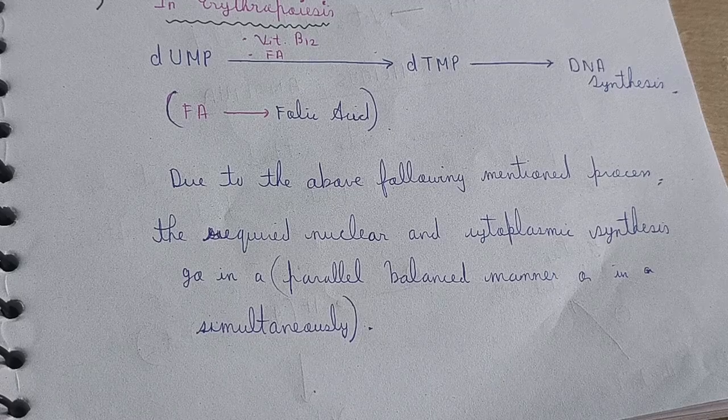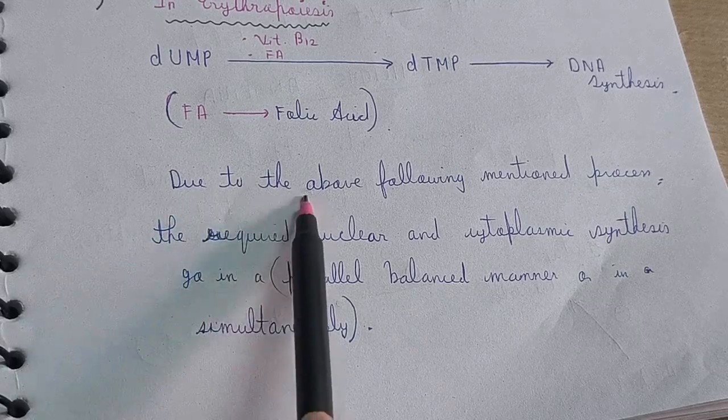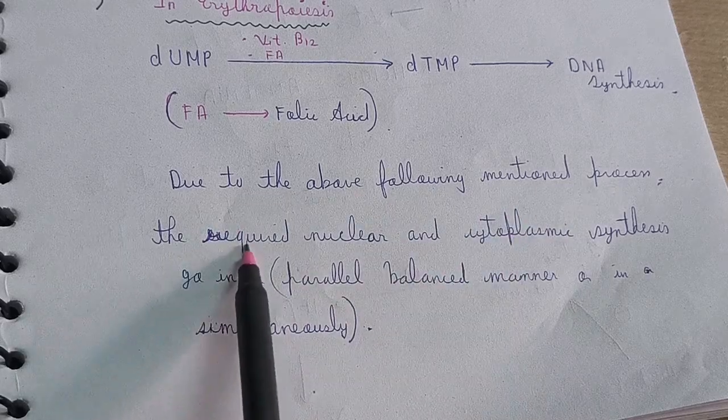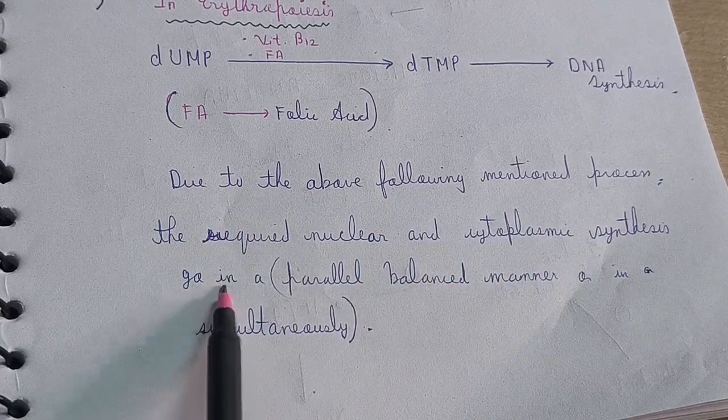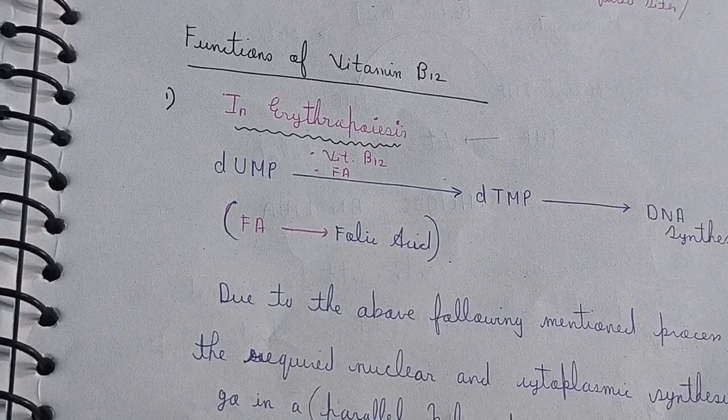That means the synthesis of the nucleus as well as that of the cytoplasm takes place simultaneously in a balanced manner. Therefore, due to the above mentioned process, the required nuclear and cytoplasmic synthesis go in parallel, in a balanced manner. So this is the first function.